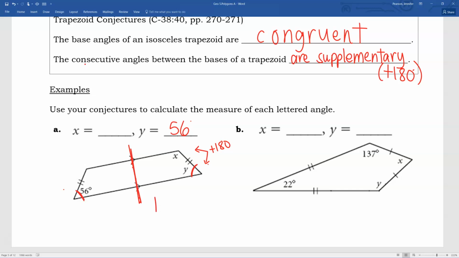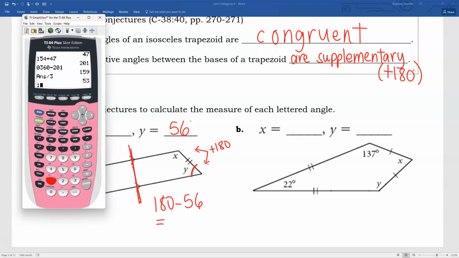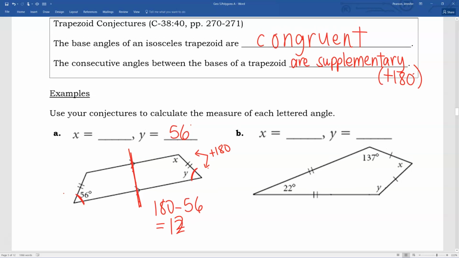But basically then that is 180 take away 56 should give us our answer for X. 180 take away 56. We know that X should be 124 degrees.